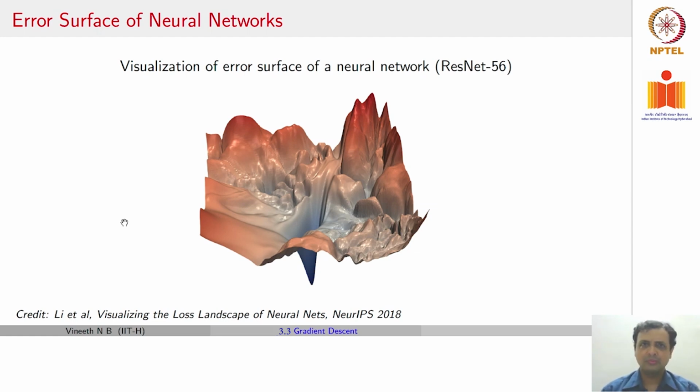From now on, when we say weights, we're going to assume that it also encompasses biases in them. So just please assume it that way. So if you see this undulated surface in this slide, each point there is one particular weight configuration, which means one value assigned to each weight, and the corresponding loss that was incurred when you propagate all your training data points through that weight configuration.